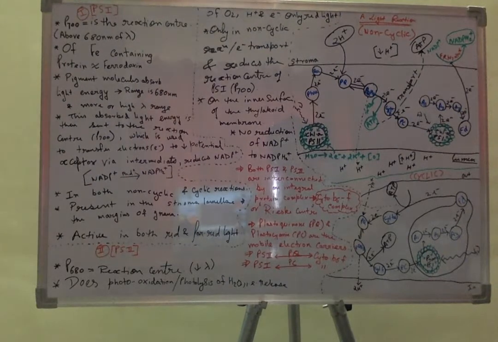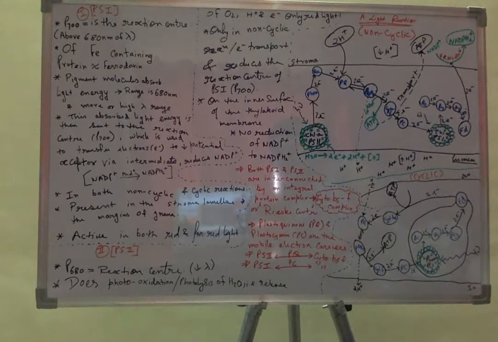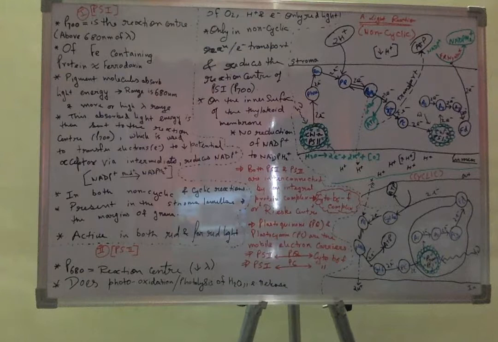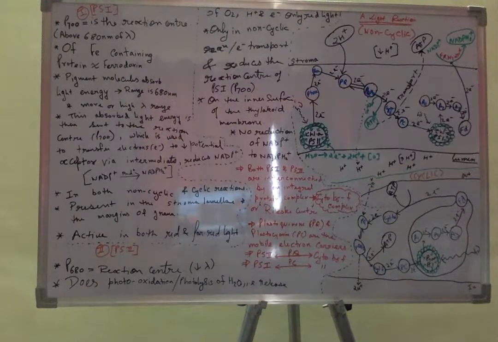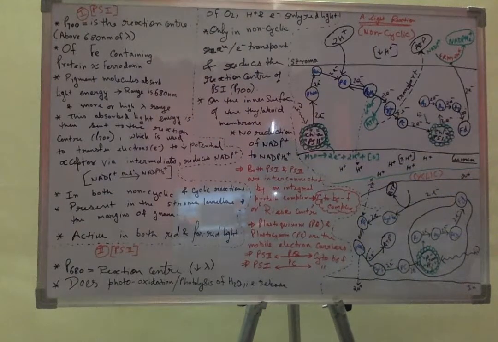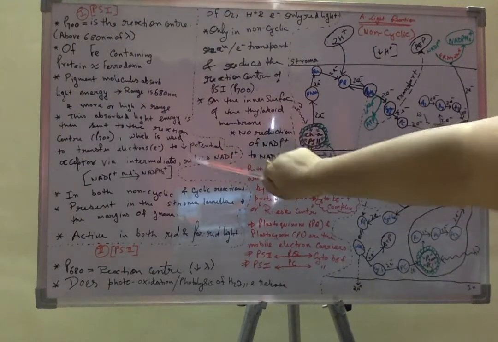So this chlorophyll A molecule, which is forming the reaction center in both the photosystems, is surrounded by the accessory pigments, which are carotenoids and xanthophylls, along with the remaining chlorophyll molecules, which are chlorophyll B and chlorophyll C. This pigment system absorbs light energy in the range of 680 nanometer or higher to transfer this absorbed light energy in the form of electrons to the reaction center of PS1, which is P700, and from this reaction center electrons get transferred to the electron acceptors belonging to low electron potential via intermediates.